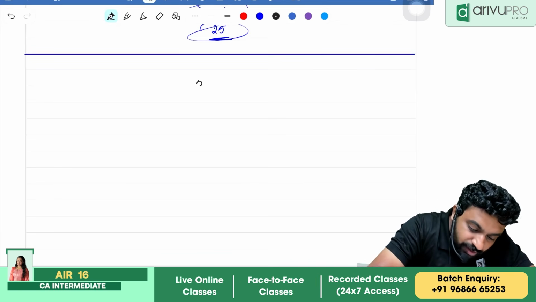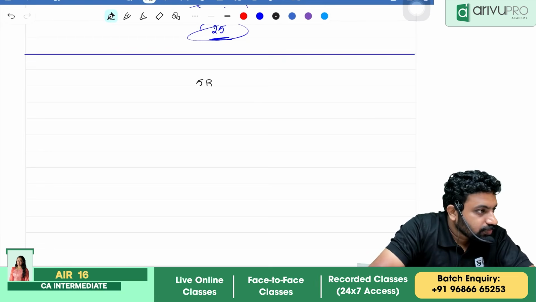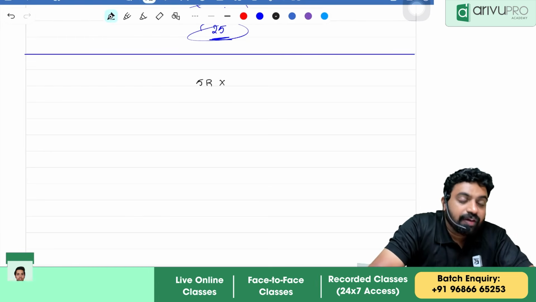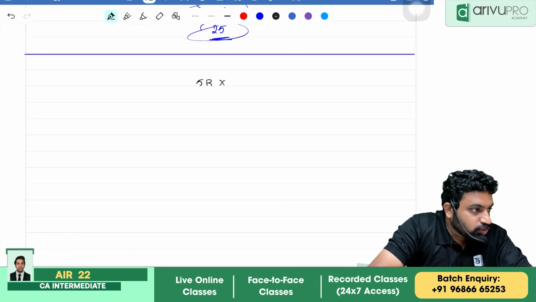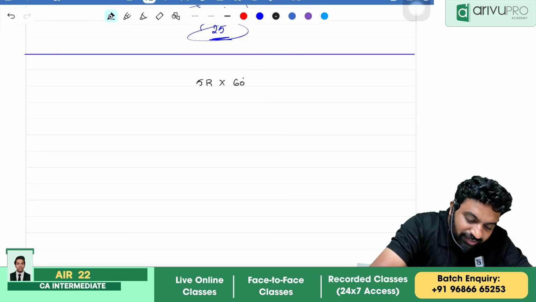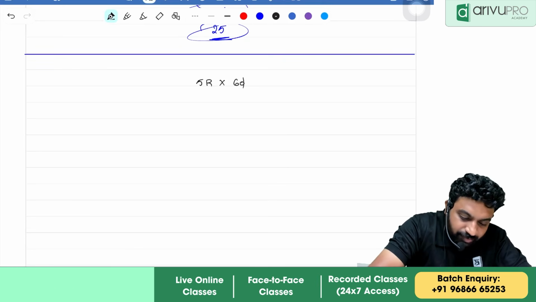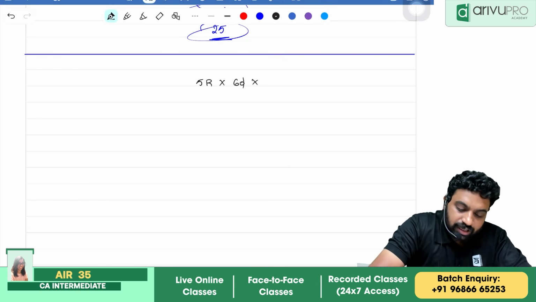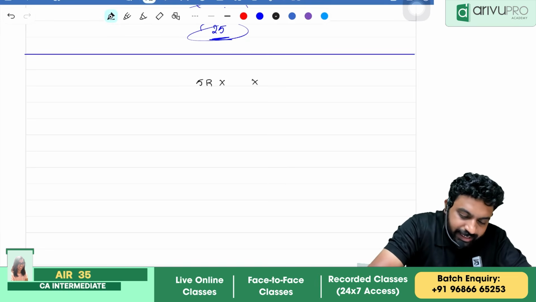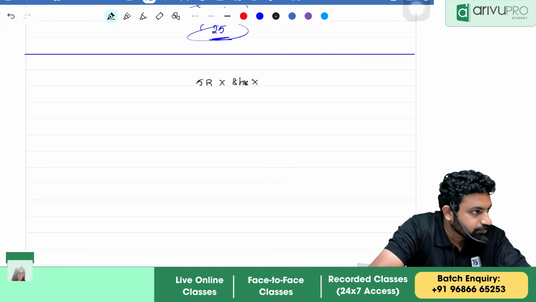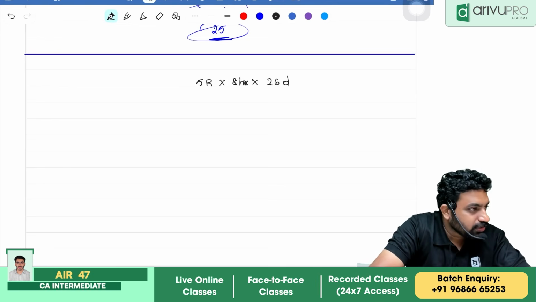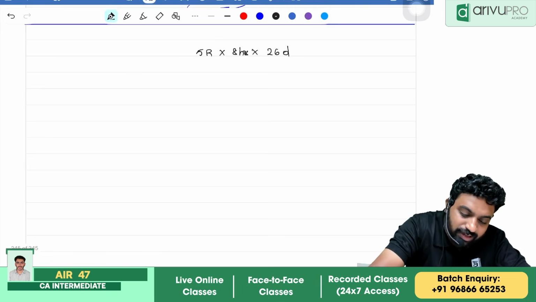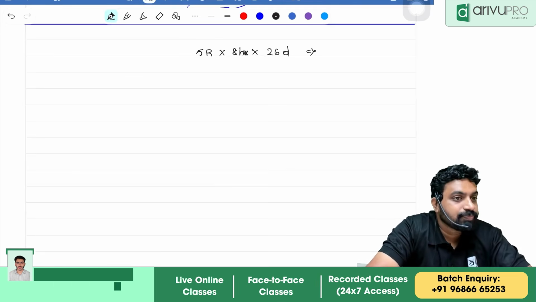Now 5 rooms are there, whereas in all the 5 rooms, let's say 6 days a week work will be done generally, or let's say in one room per day 8 hours of work will be done, and for 26 days we are planning to do. So how many hours of work will be done maximum?